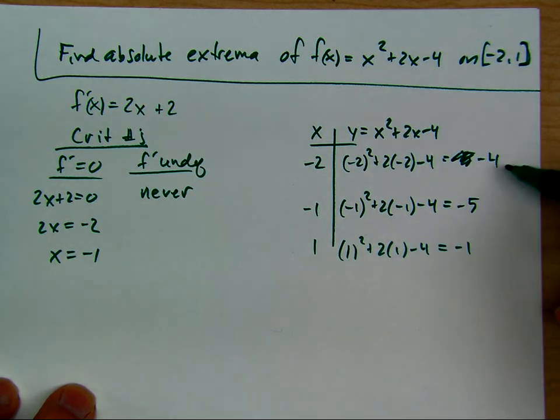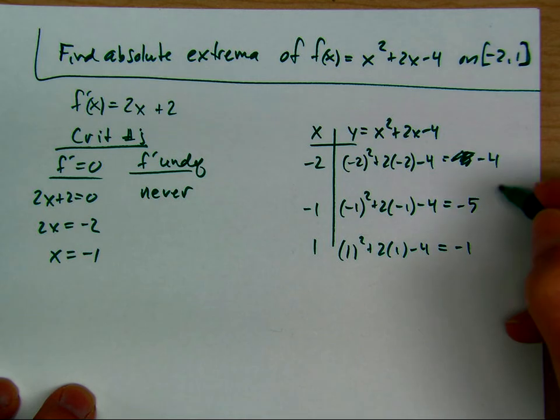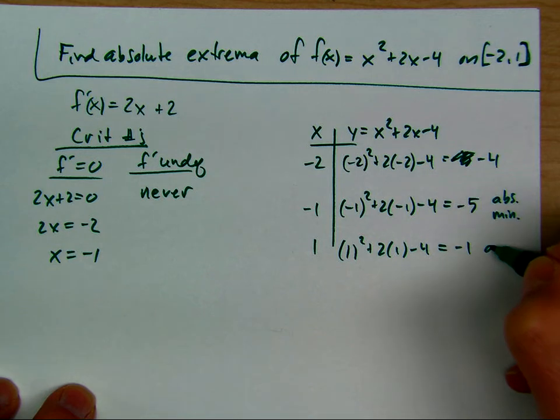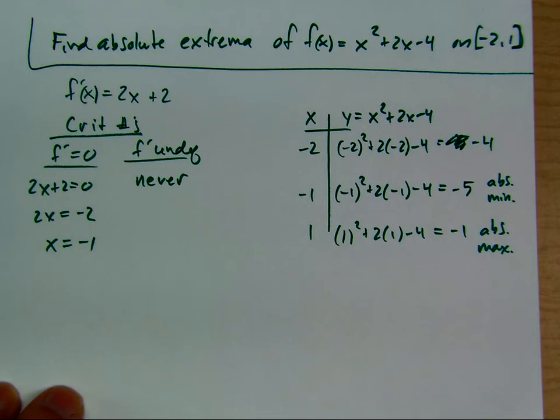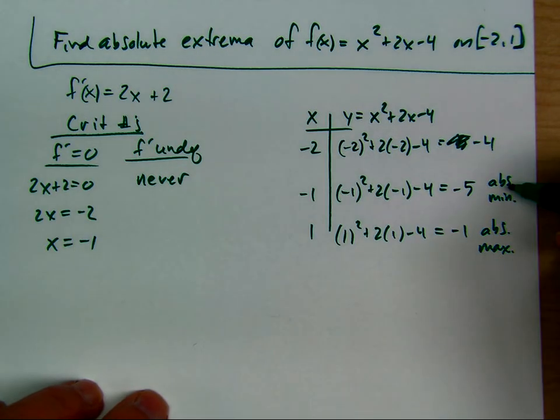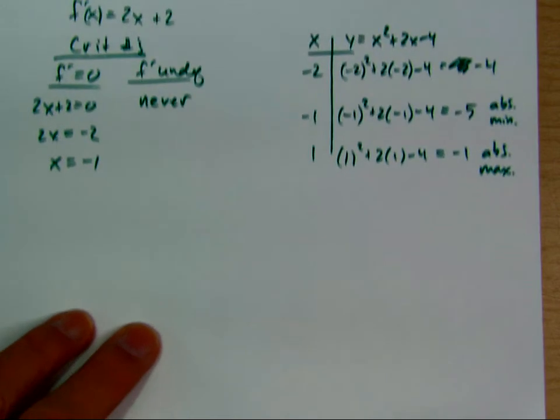So now we look for the lowest y value. That's the absolute minimum. And then the highest y value is the absolute maximum. Oh, and absolute is also, you could say global instead of absolute.